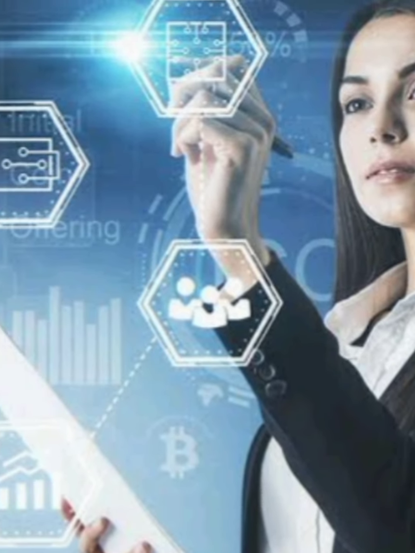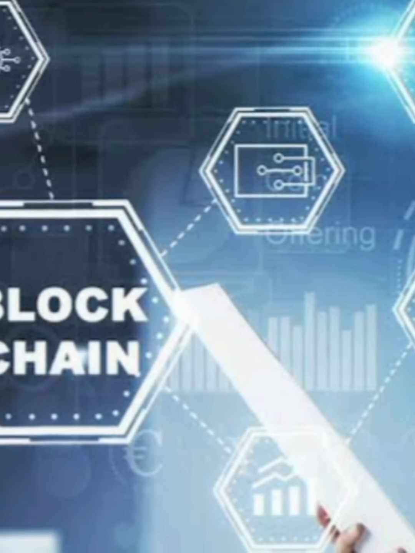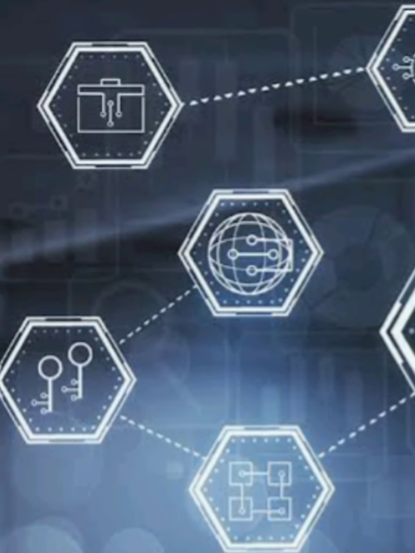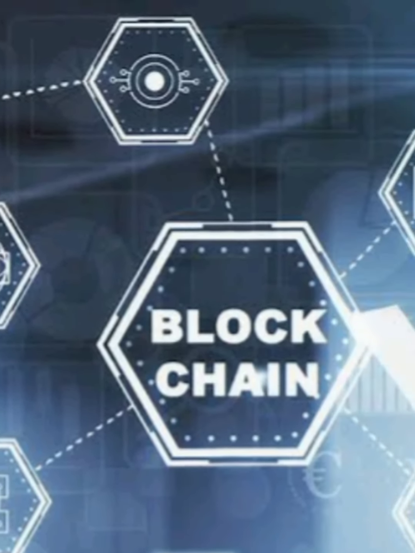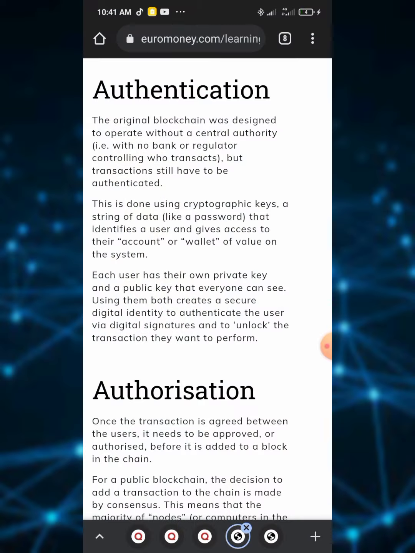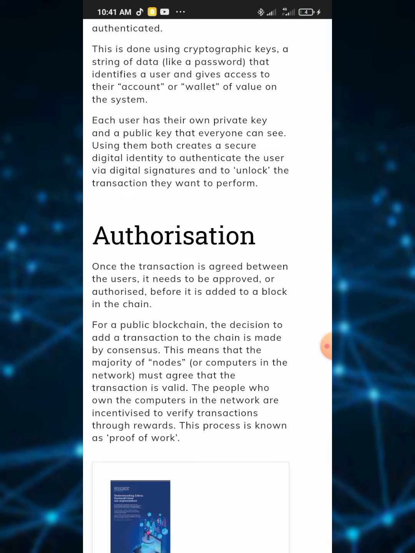Each user has their own private key and a public key that everyone can see. Using them, both create a secured digital identity to authenticate the user via digital signature and to unlock the transaction they want to perform.